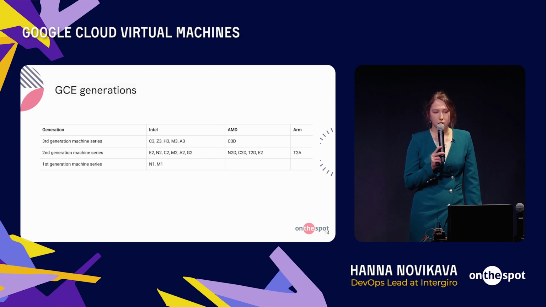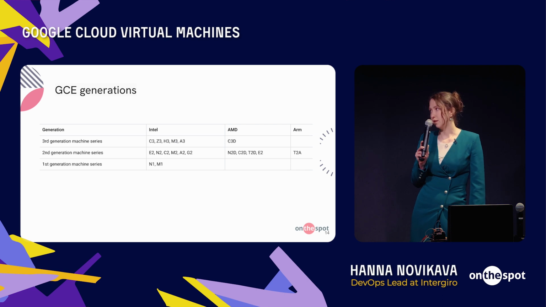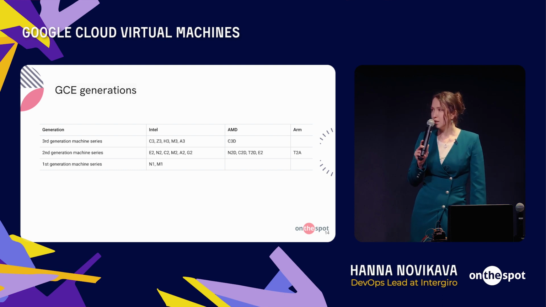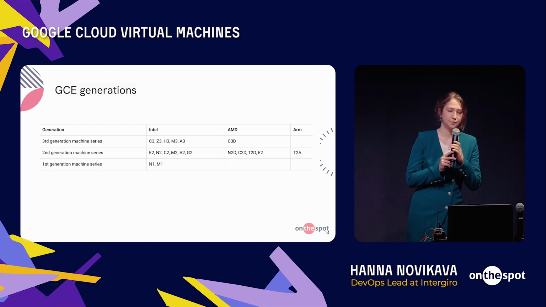The second generation represents a significant advancement over the first generation. These instances offer better performance and some additional features. And the third generation are the latest types of virtual machines. If you can, the best choice is to use the third generation and always skip the first.